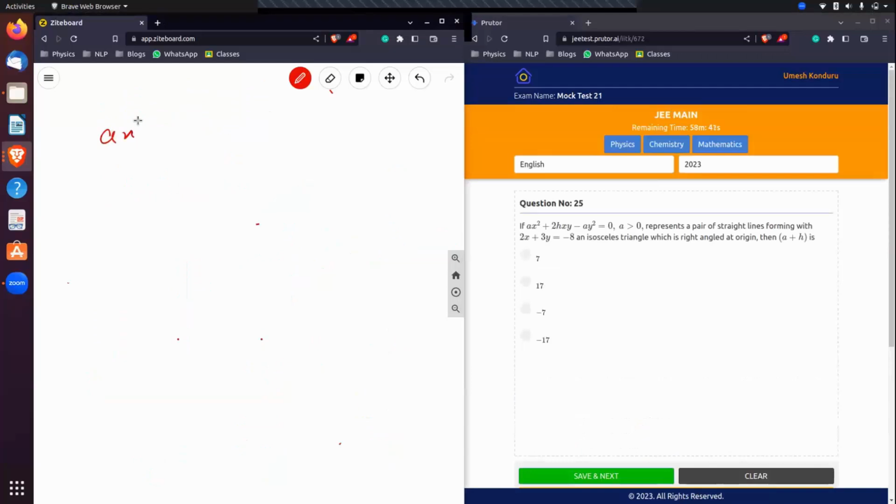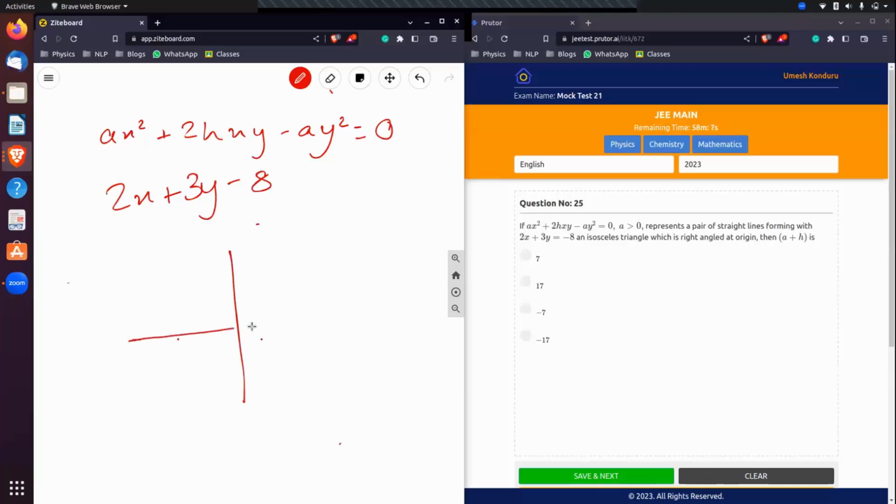Yes, you've been given the equation of a pair of straight lines. And along with that, you have a third line. And the three of these, they form an isosceles triangle that is right angled at the origin. So you have a pair of straight lines passing through the origin, and they have to be right angled at the origin.